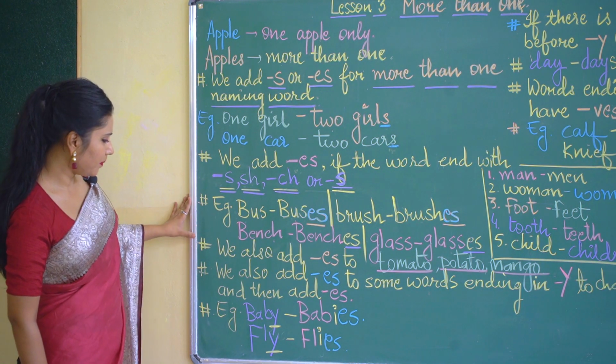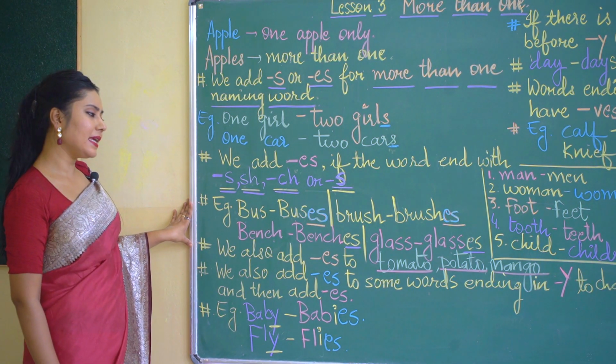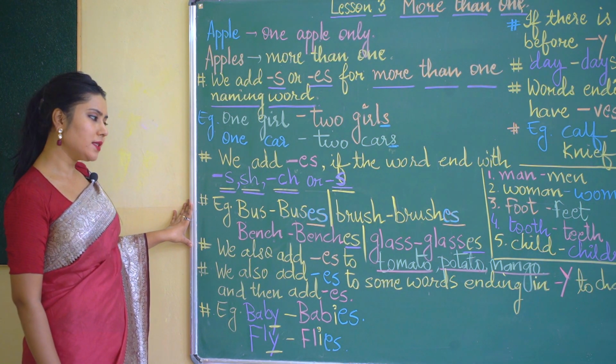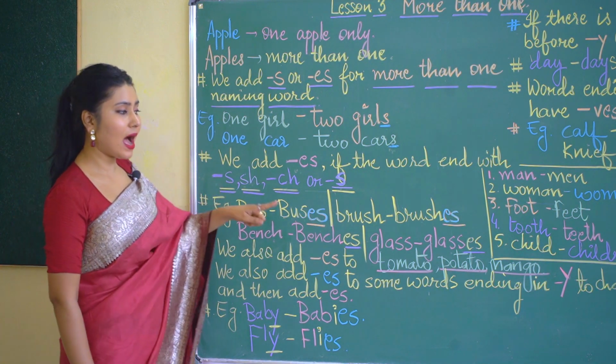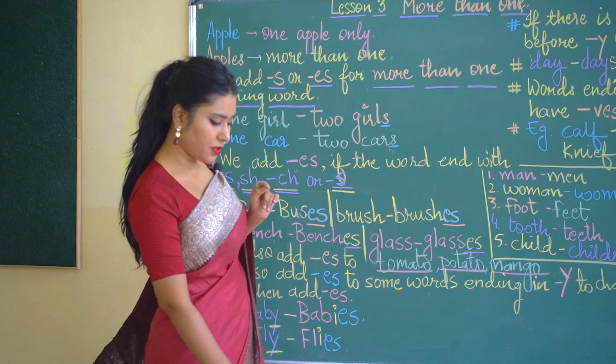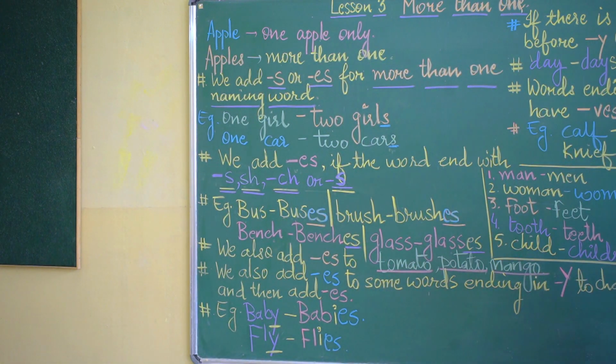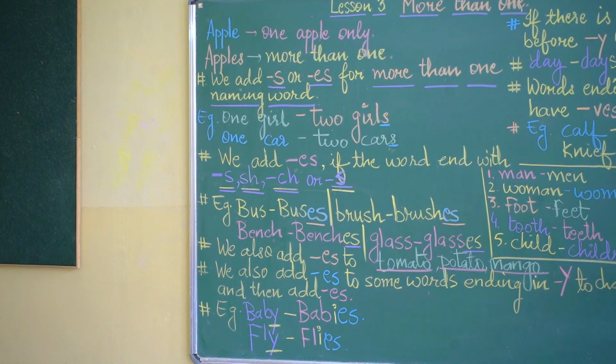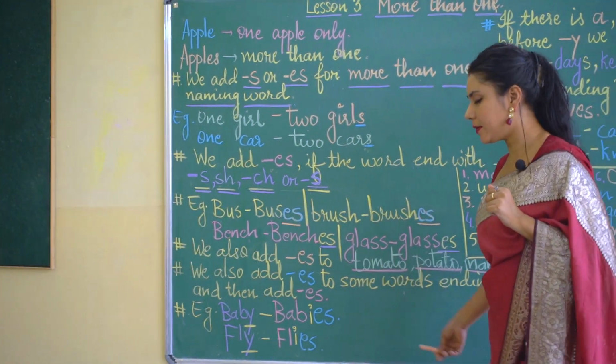Then we have, children, we also add ES to some words ending in Y, changing that Y to I. I want you to understand this line, children. See what's written here.